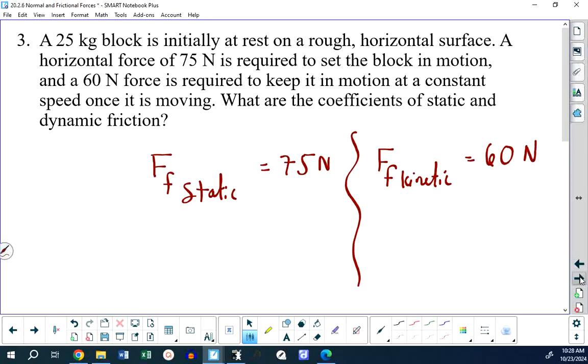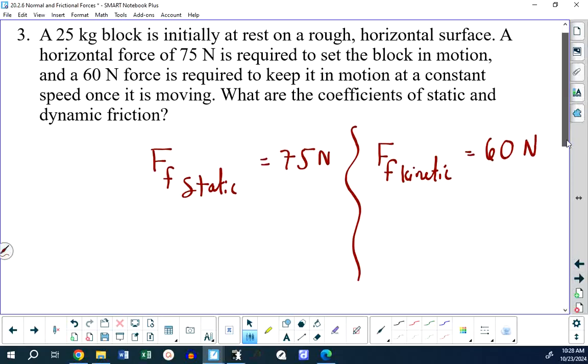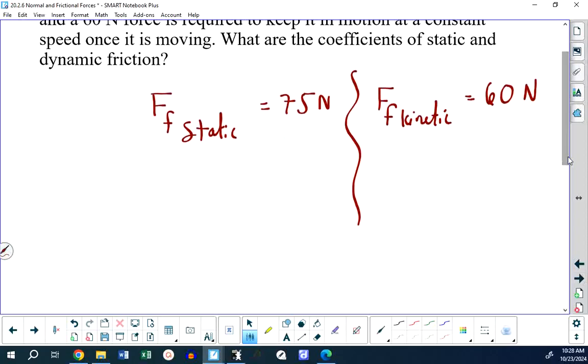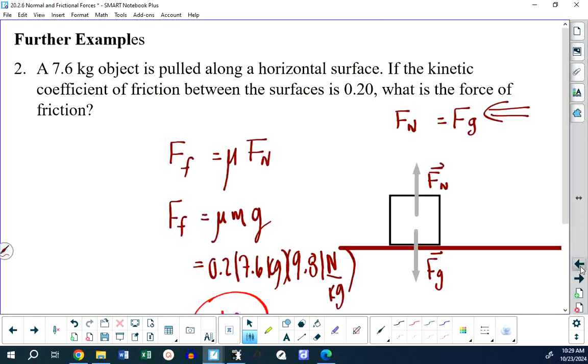What are the coefficients of friction? That's pretty easy. Mu is equal to the amount of the force of friction over the amount of the normal force. If you look up here just for a second, this diagram, I believe this was the third time we've seen it today.